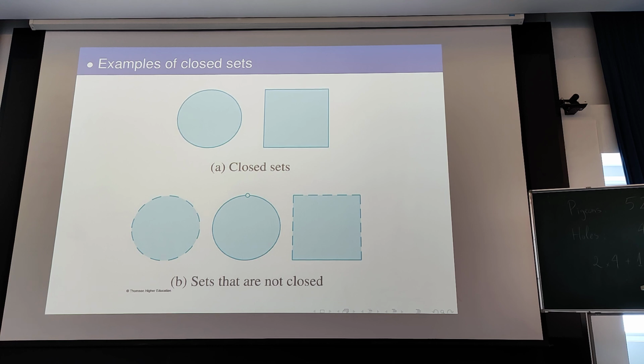So let me show you another example of a closed and bounded set. Let's consider only the circle, not the interior points. This is also an example of a closed and bounded set. You understand? I only consider the points along this circle, not the points inside or outside. This is also an example of a closed and bounded set. Okay?